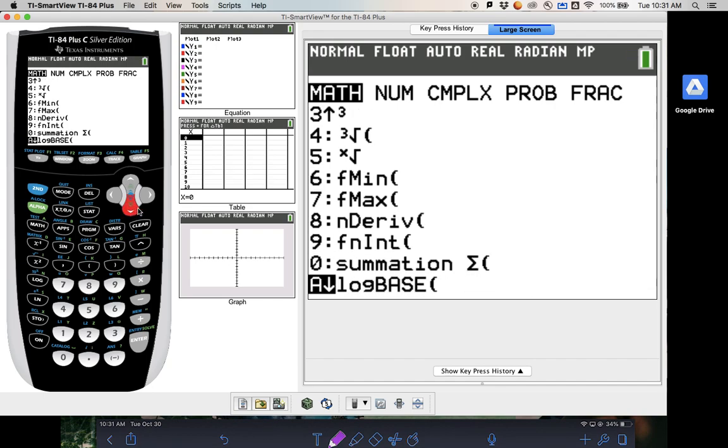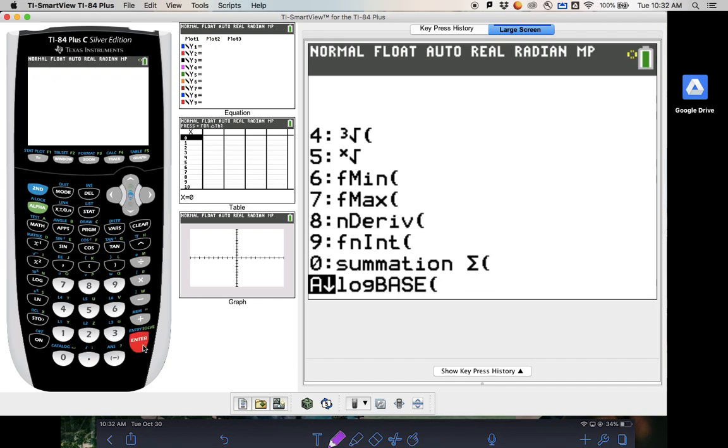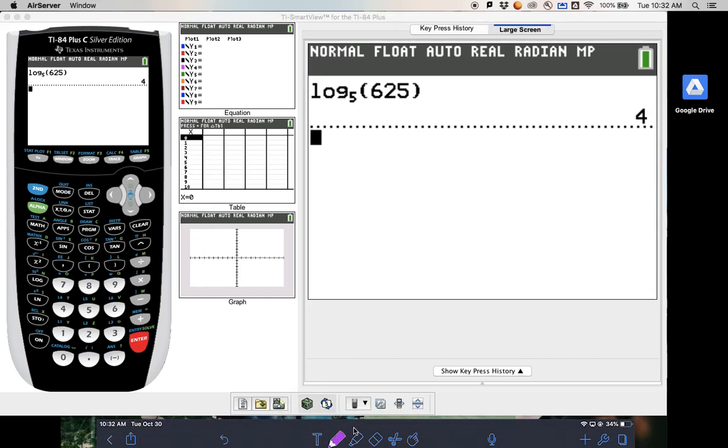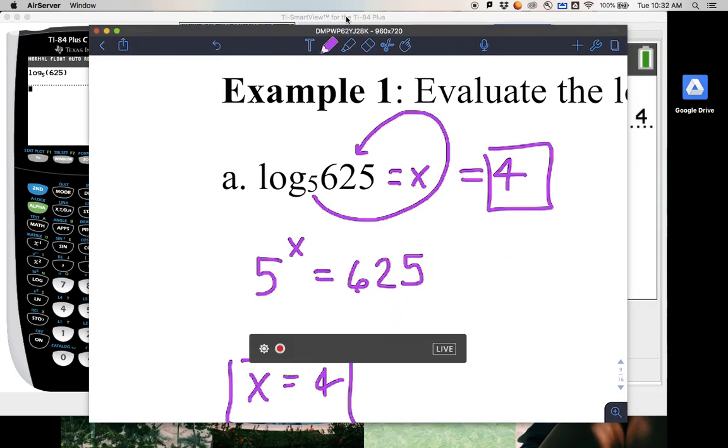There it is, it's A right there. So this is log base, and then you put your number there. So log base 5 of 625, and then we'll hit enter, and notice that simplified to the same thing, 4. So that's a way you can check your work on these.